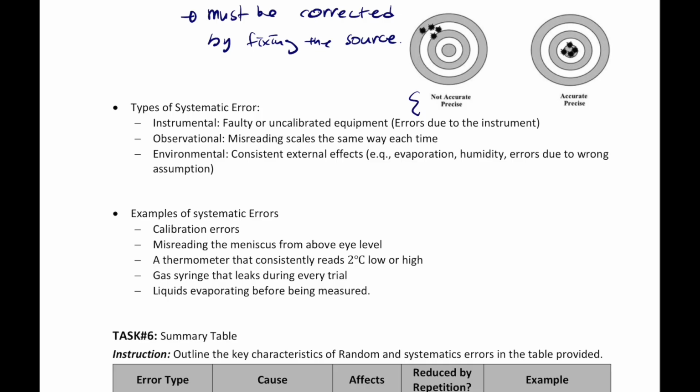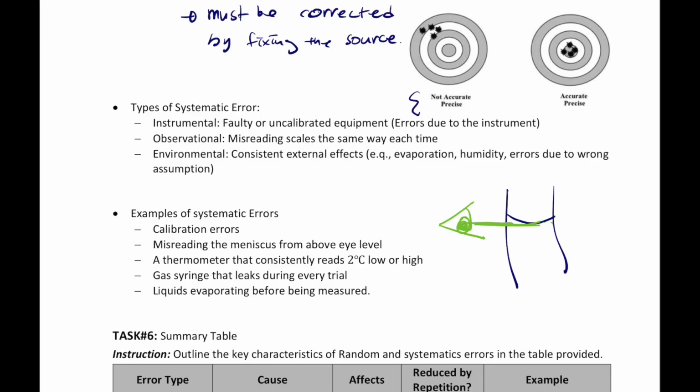Then the examples of systemic errors can be calibration errors, and misreading the meniscus from above eye level. When we are reading the meniscus, your eye level should be in front of the meniscus to read it properly.